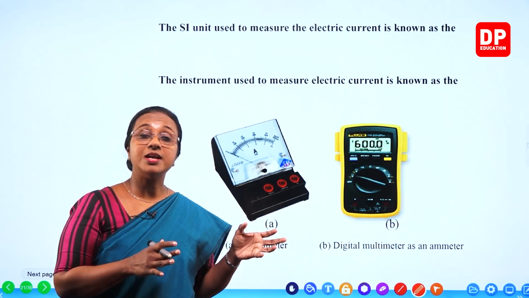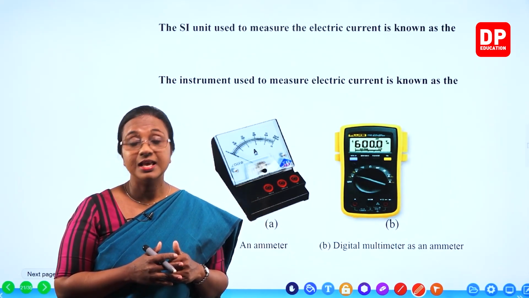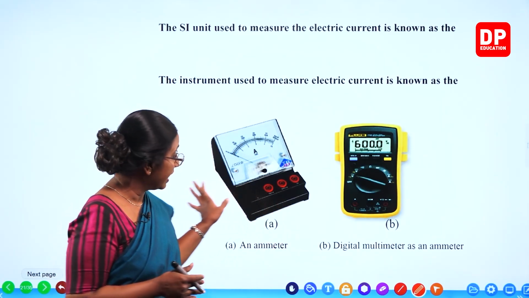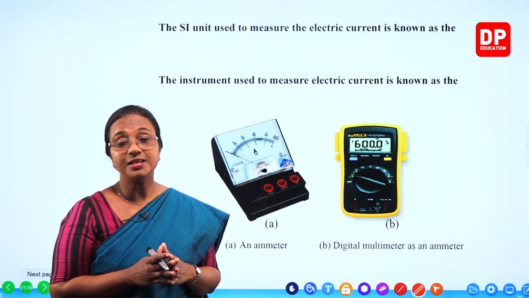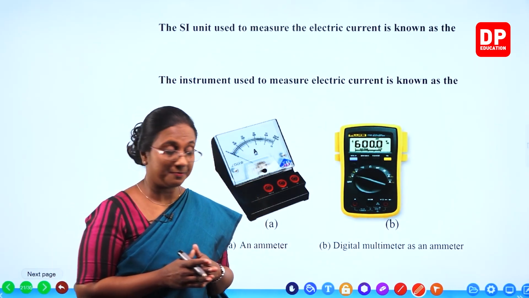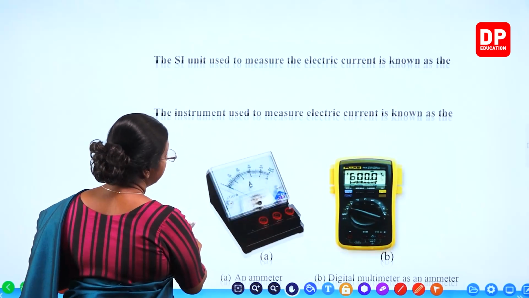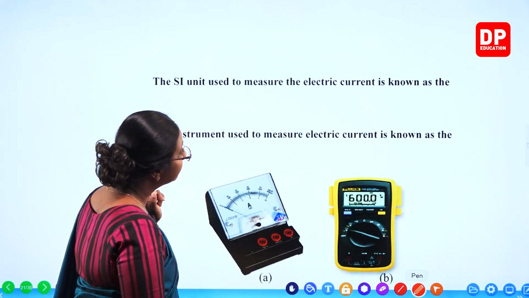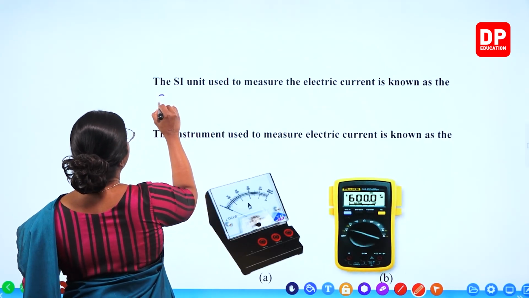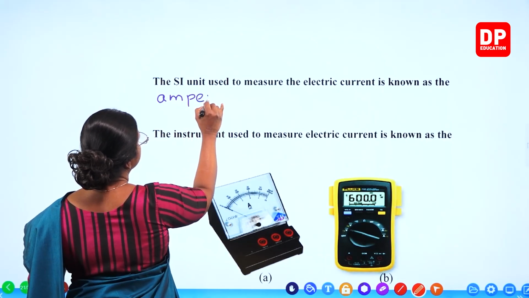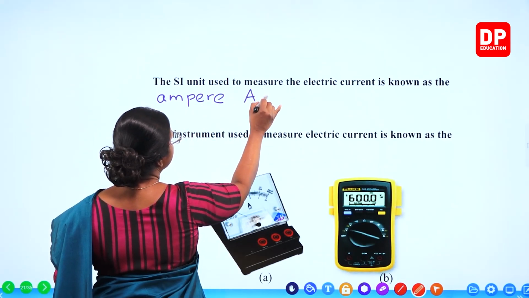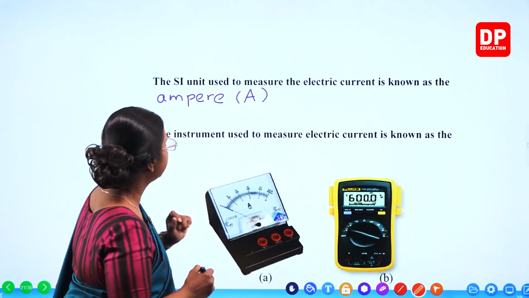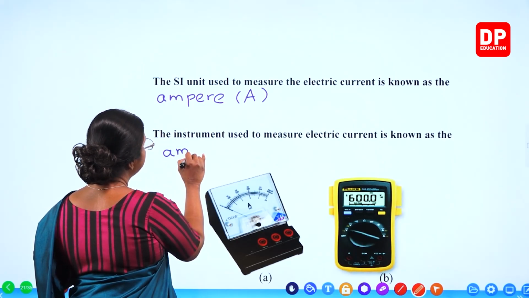So always for a quantity, you all know there has to be a unit. And the standard unit of measuring current is amperes. And the instrument used to measure this current is what we call an ammeter. So if I go up there, the SI unit used to measure the electric current is known as the ampere, capital A. The instrument used to measure the electric current is known as the ammeter.